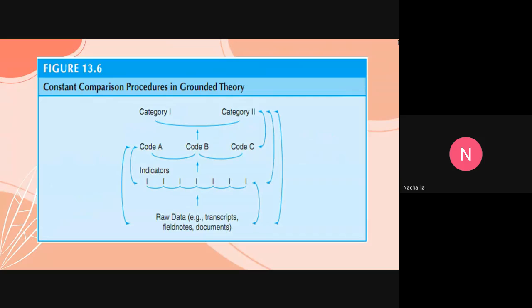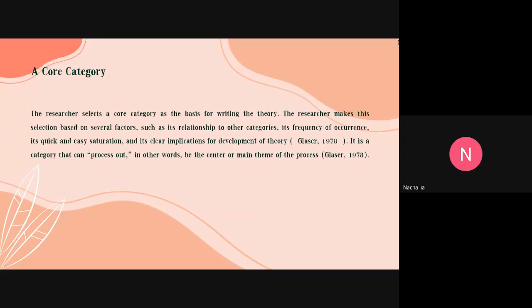Here is the constant comparison procedure in grounded theory. You can see category 1 and category 2, and also code A, code B, and code C. A core category: the researchers select a core category as the basis for writing the theory.